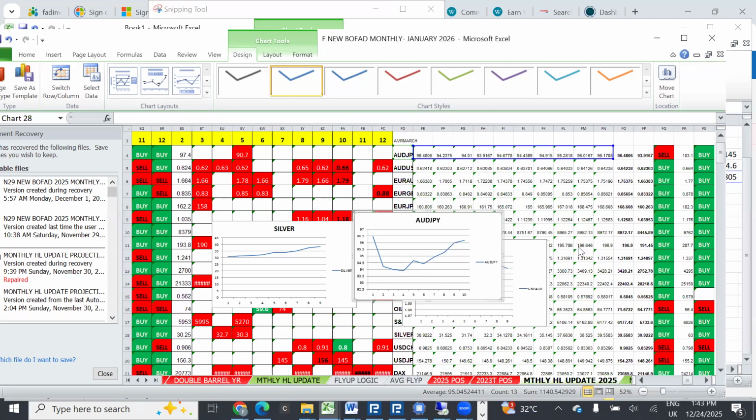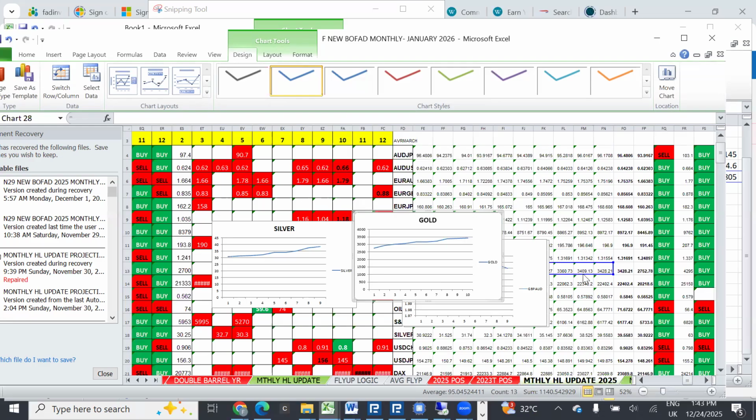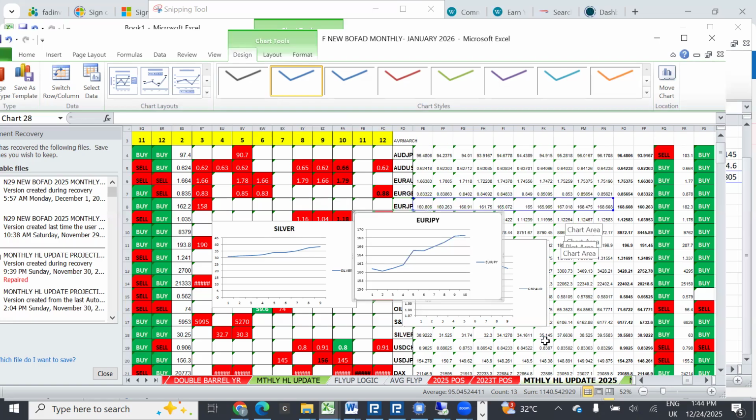Let's look at gold. You can see it's an uptrend. Let's look at Euro JPY. You can see it's an uptrend. So this information helps us make better decisions as quickly as possible, especially for the long term. Okay, so that's it. I believe this template has been able to show us how this information can be used effectively for decision taking in the right direction.